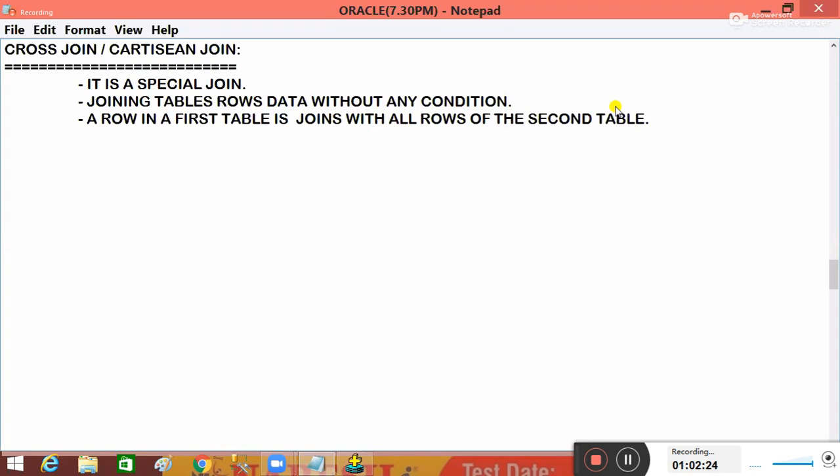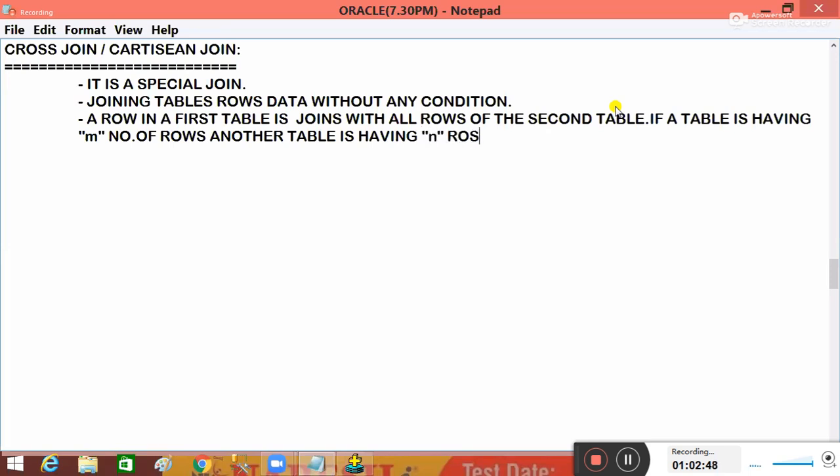For example, if one table has m number of rows and the other table has n number of rows, then the result is m cross n rows.